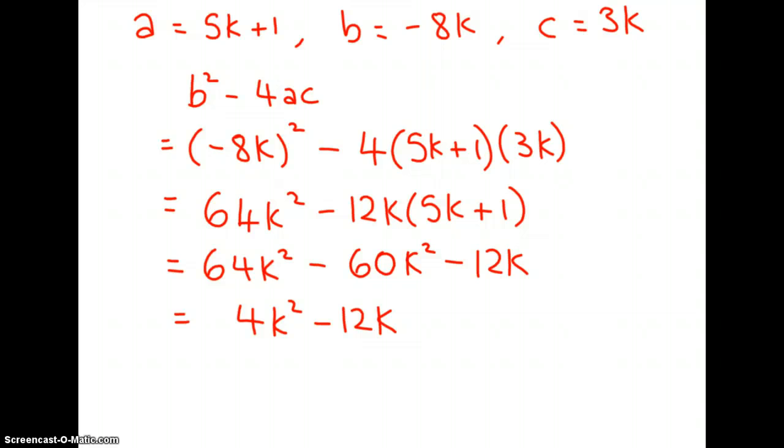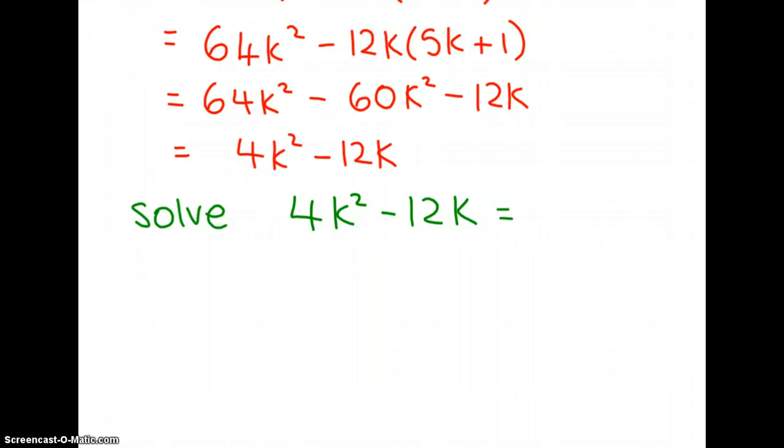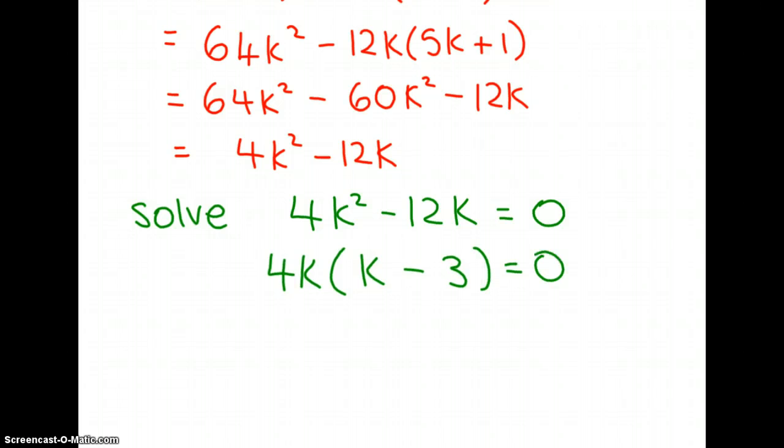Now from the question I know that this discriminant has to be equal to 0. So I'm trying to solve the equation where 4k squared minus 12k is equal to 0. If I'm solving that and it's quadratic, I need to factorize. So this factorizes by 4k. We have 4k brackets k minus 3 equals 0.